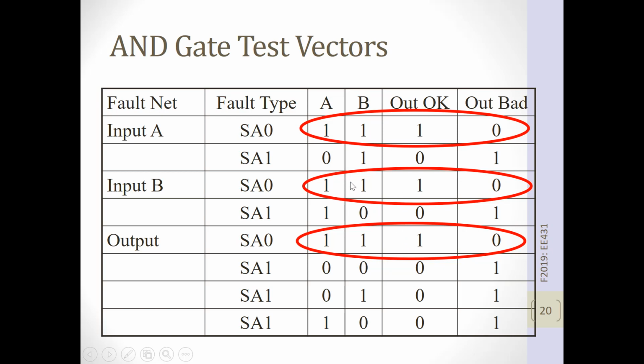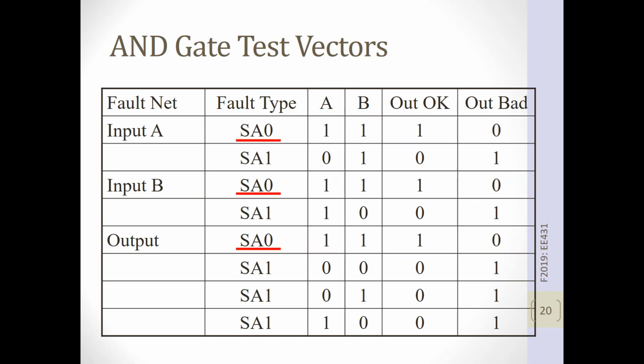But you only need to do it one time because you've already done this test and this test if you do that test. So what that says is for a stuck at 0 fault, you can either test here, here, or here, because it's the same input and the same output you're looking for. You're actually doing all 3 tests at the same time.